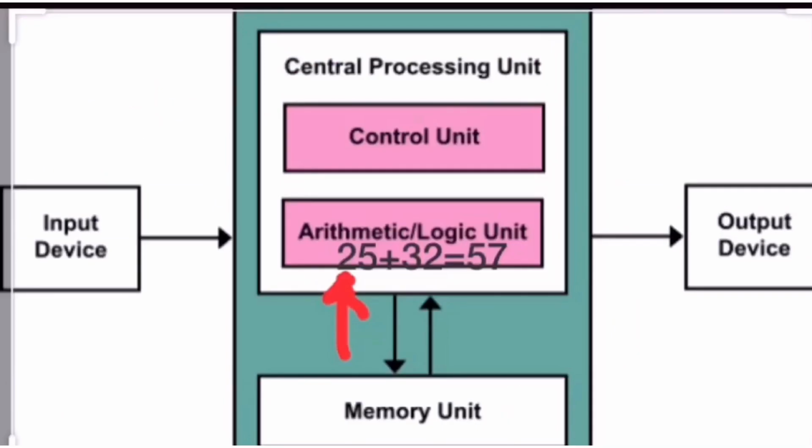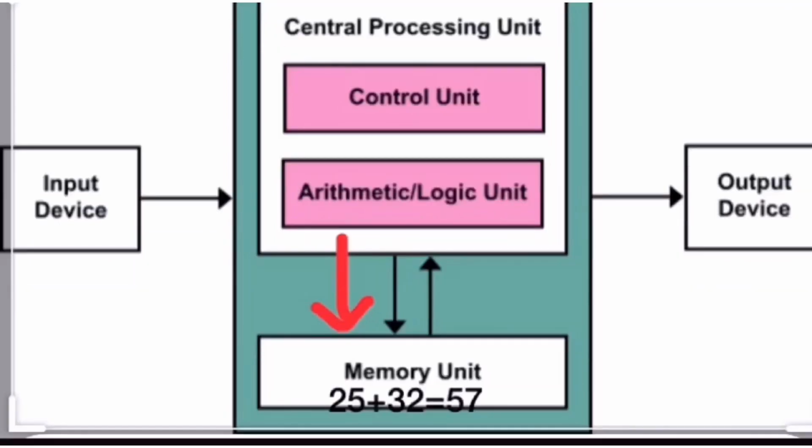In the next diagram, the CU, control unit, takes the data 25 and 32 and the instructions plus and equal from the memory unit and tells the ALU, arithmetic logical unit, to add the numbers. The MU, memory unit, sends the 25 and 32 and plus and equal sign to the ALU.